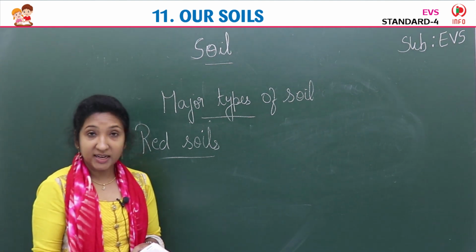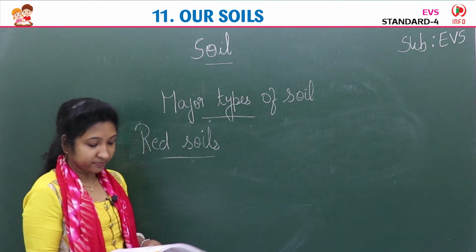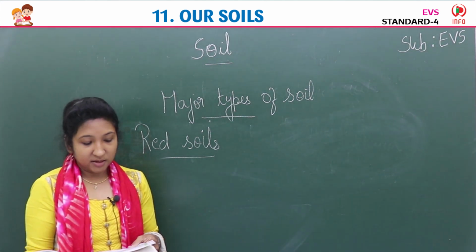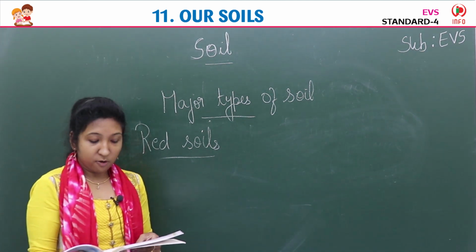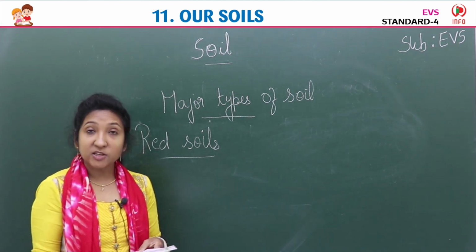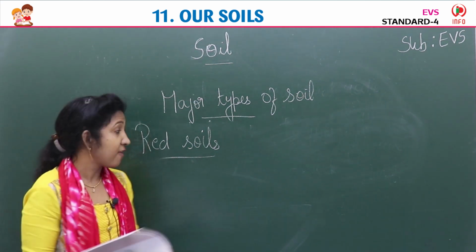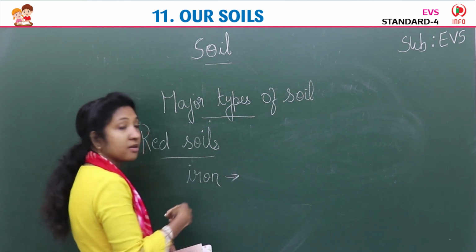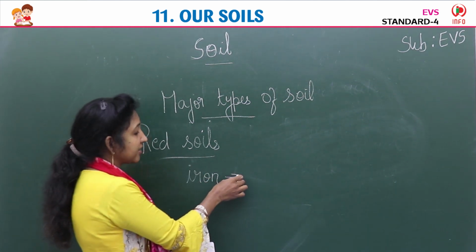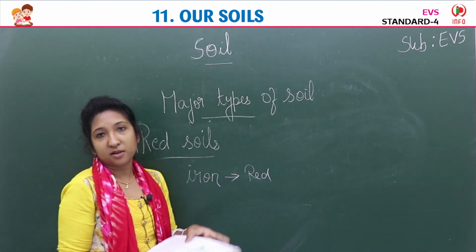So under very little rainfall, the soils are formed. And the dissemination of red oxides of iron gives the characteristic red color of the soil. Because of the presence of iron, the soil gets the red color. That's why it is called red soil.